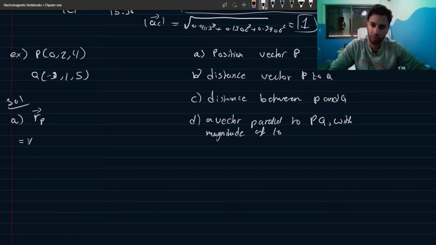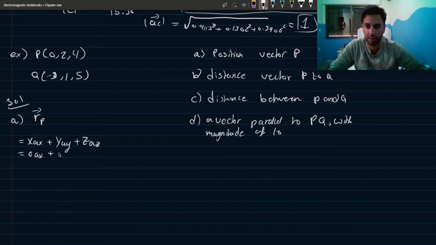It would equal to X AX plus Y AY plus Z AZ. And in this case, it is 0 AX plus 2 AY plus 4 AZ. That is the position vector for P.